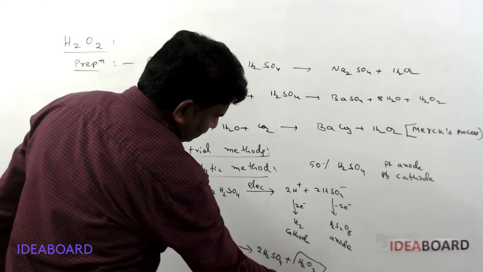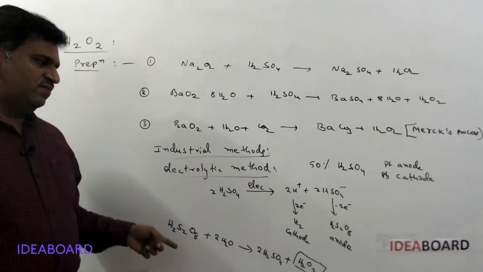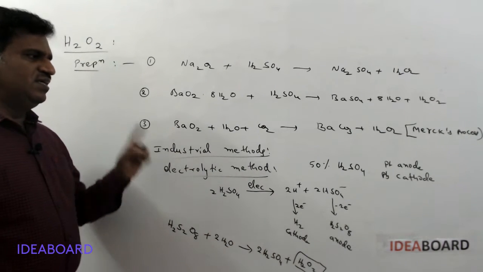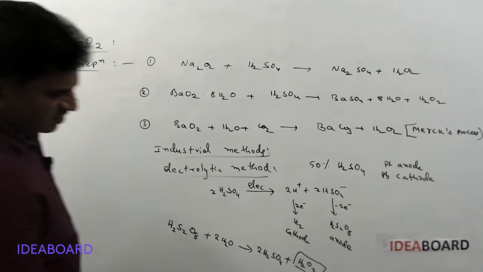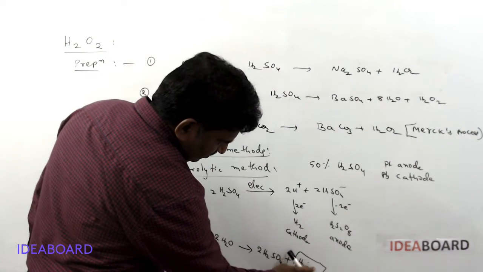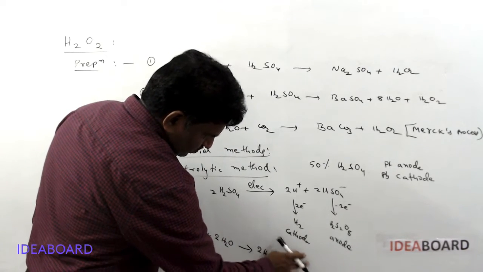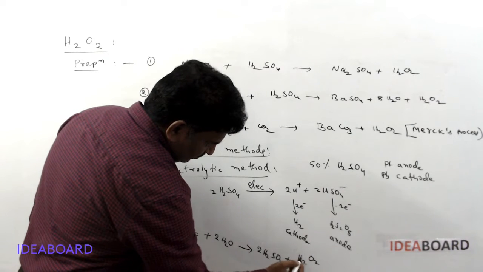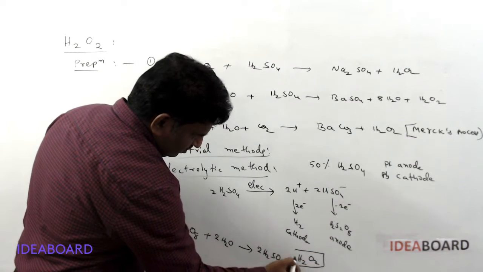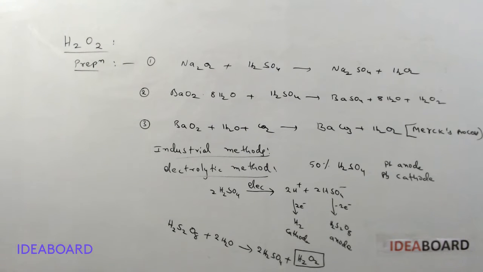This is the product which we want. So that is the electrolytic method for the industrial preparation of hydrogen peroxide. Hydrogen peroxide is formed, the major product obtained in this process.